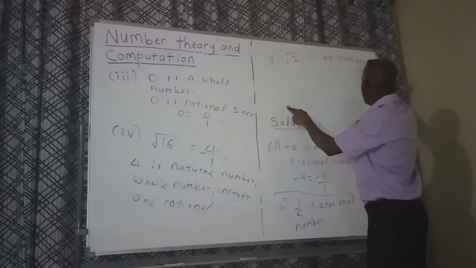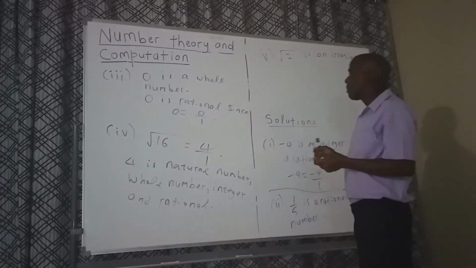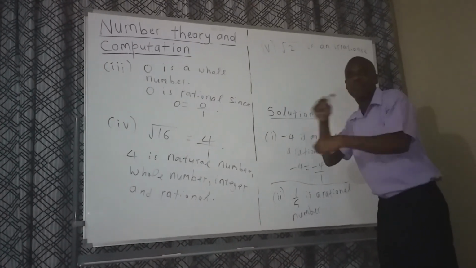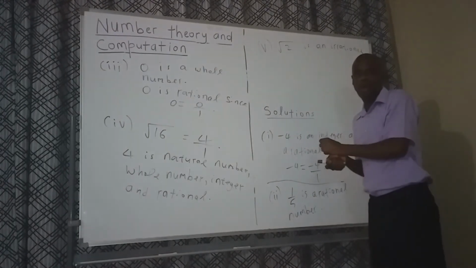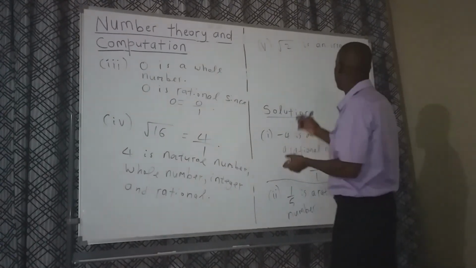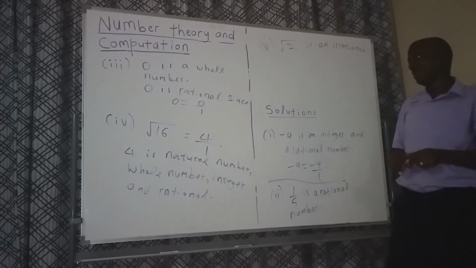Why? From the last video, we saw that it has no terminating value. In fact, root 2 is a number that has no recurrence of any number and no terminating value, so it is one of those numbers that is irrational, just like pi. So therefore, root 2 is irrational.